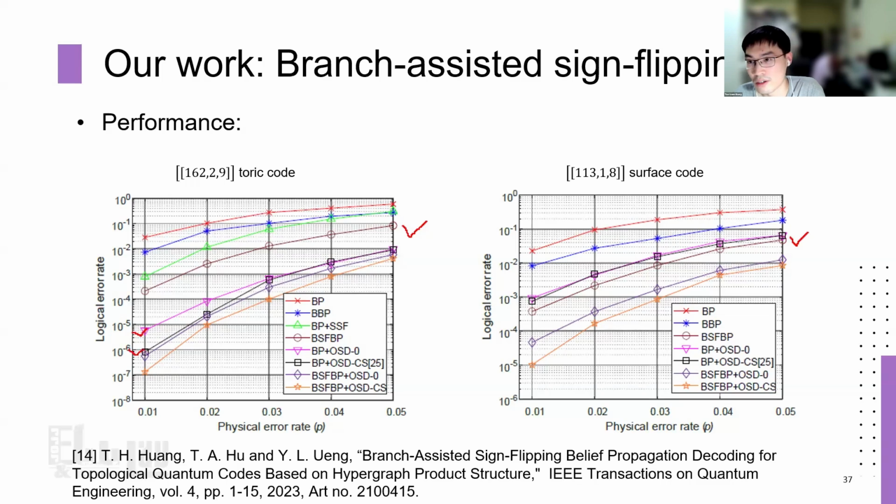But for the surface code, it surpasses both OSD 0 and higher-order OSD. In paper 25, lambda is set to 60. In addition, BSF BP can provide a significant gain if appended to the OSD.